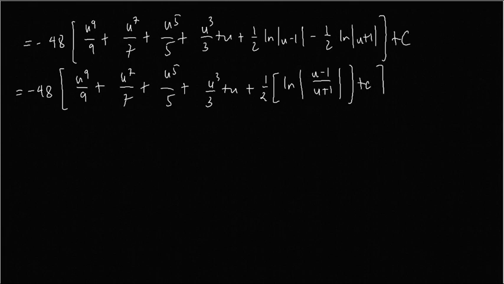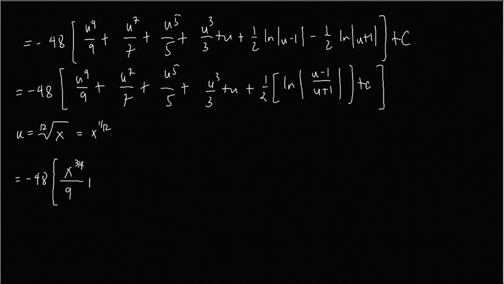Then remember, we let u kanina equal to 12 root of x. So we can say that this is x raised to 1 over 12 para mas madali yung paglalagay ng exponents. This is negative 48 times, okay, u raised to 9. If you raise u by 9, so we have 9 over 12. So this is, okay, this is 3/4. 9 over 12 is 3/4 na over 9.